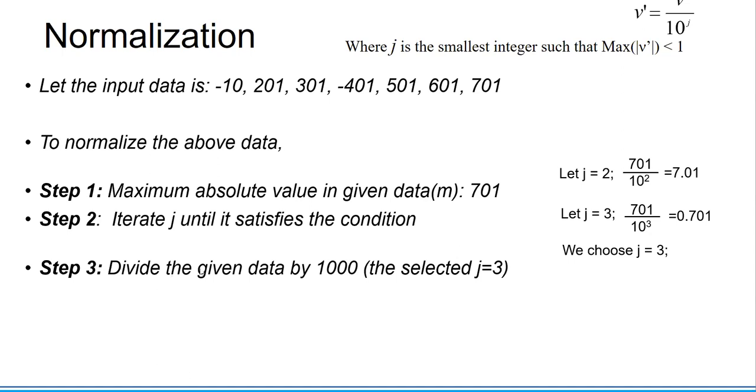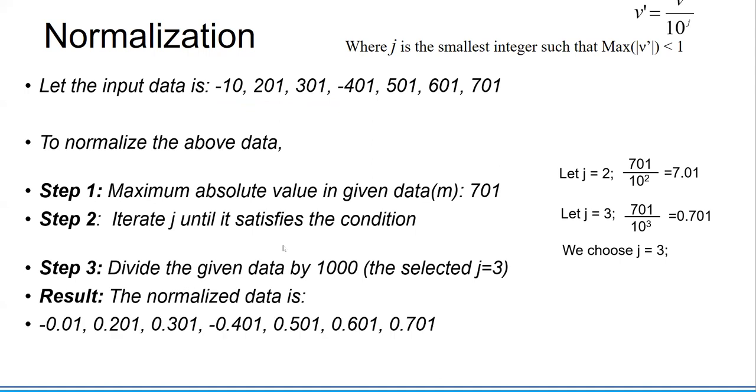So we divide the given data by 1000. Why 1000? Because 10 to the power of 3 is 1000. Every data here will be divided by 1000.